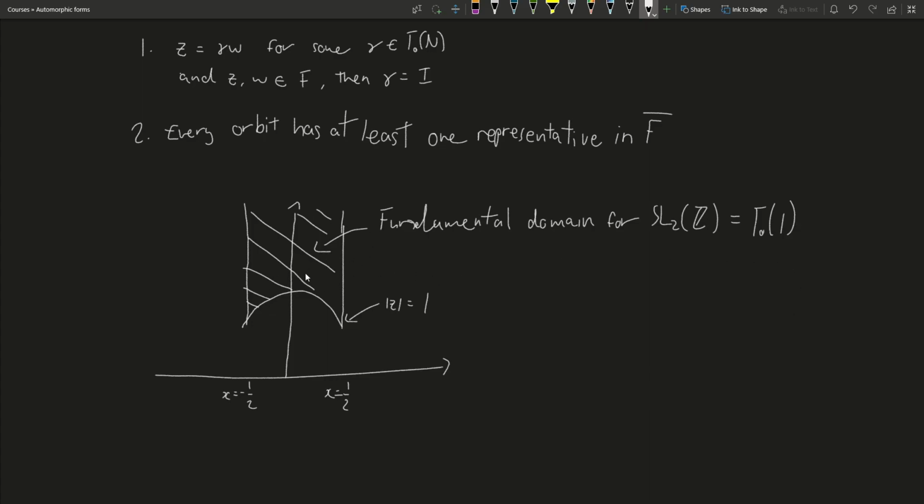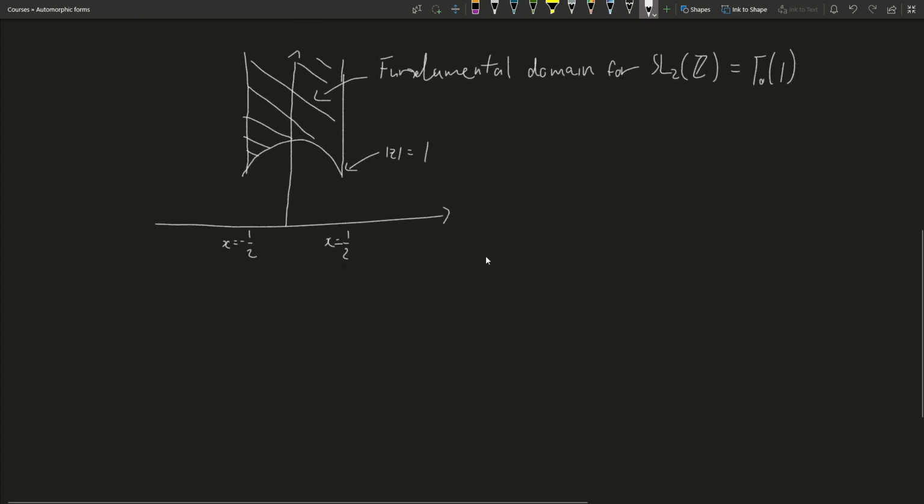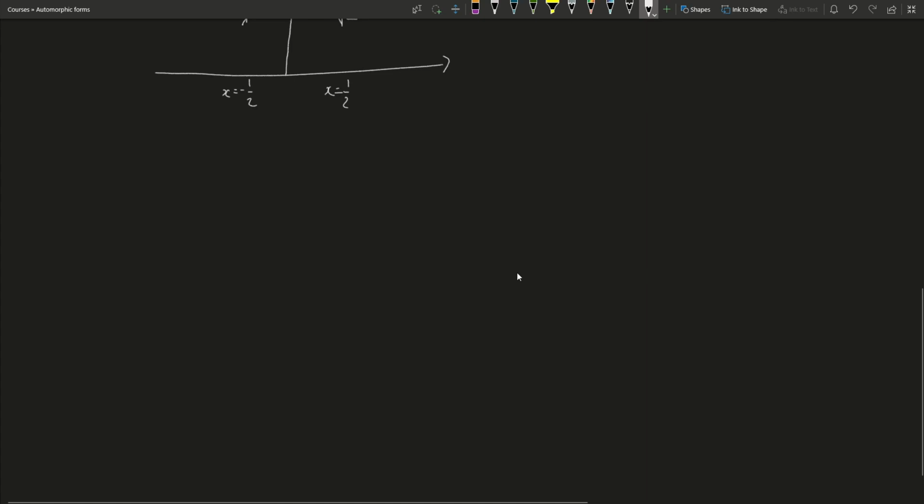And this is the simplest fundamental domain, essentially. After that, things can get more complicated.